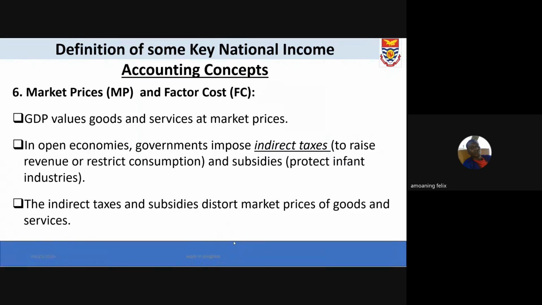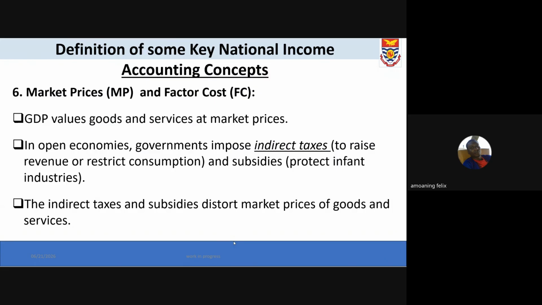From our knowledge in microeconomics, whenever government imposes taxes, it affects the price of the commodity. When government imposes 1 Ghana cedi tax on fuel, the price of fuel increases by 1 Ghana cedi. So when we go to the market, we are going to buy fuel at a higher price.